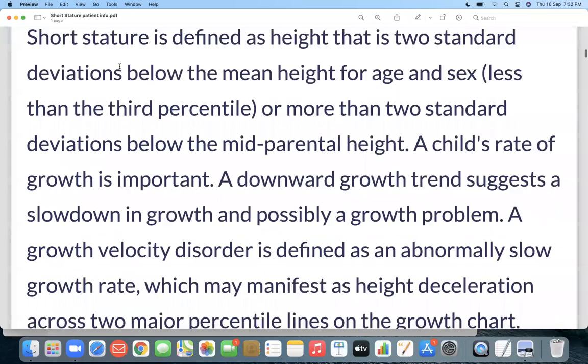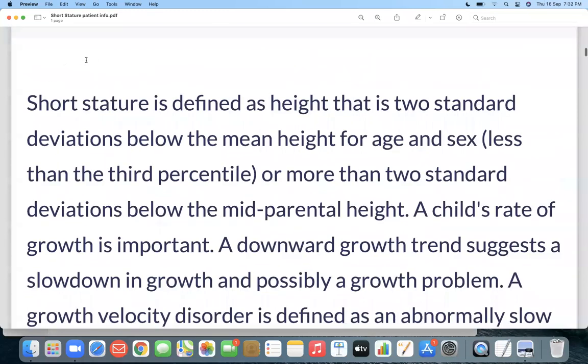See here, he has told short stature is defined as height that is 2 standard deviations below the mean height for age and sex. Both you can take. If it is below 2 standard deviations from the mean height for age and sex, as well as more than 2 standard deviations below the mid-parental height. But in general, he is telling less than 3rd centile. I don't know if we have to tell 3rd centile rather than 2nd centile.